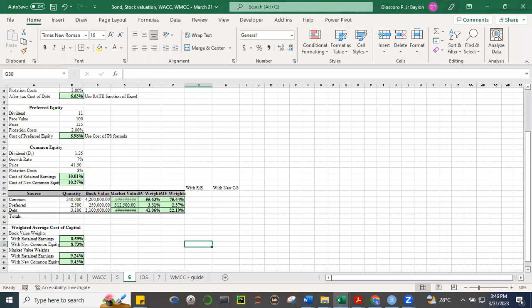Just to show the whole computation. 6.64 then, okay. How about the others?